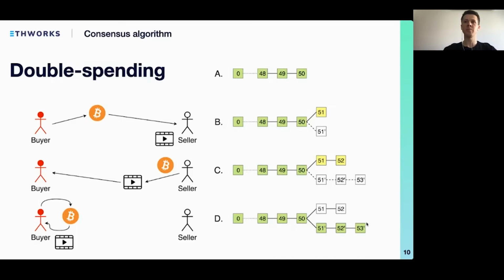Such a situation is not possible with a consensus algorithm like proof of work, because how would the buyer be able to outrun the rest of the network? In order to do that, the buyer would need to have at least 51% of the computing power of the network.